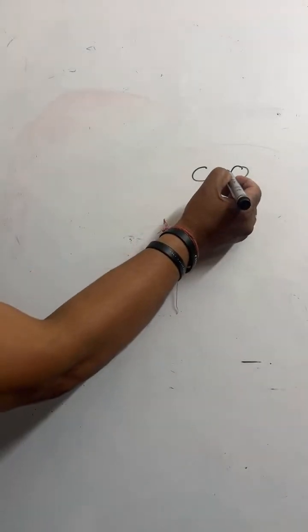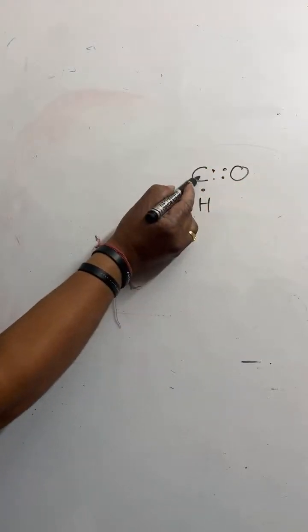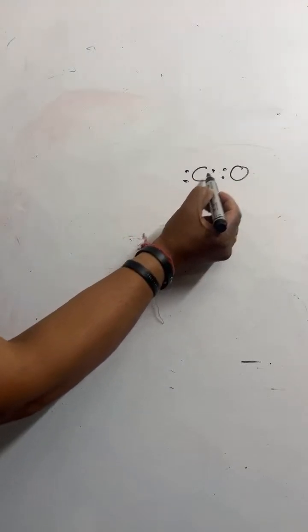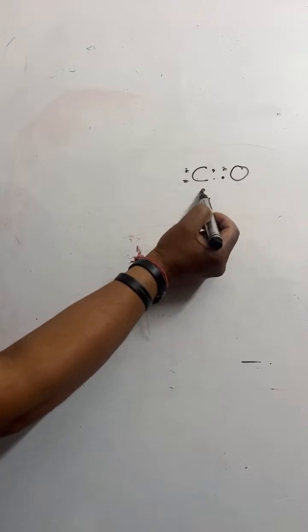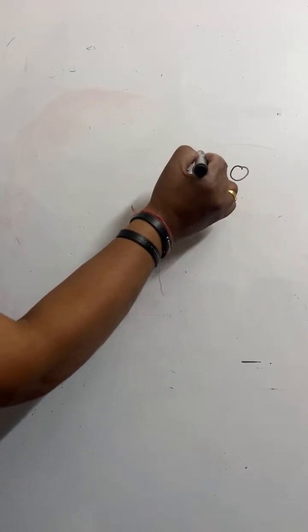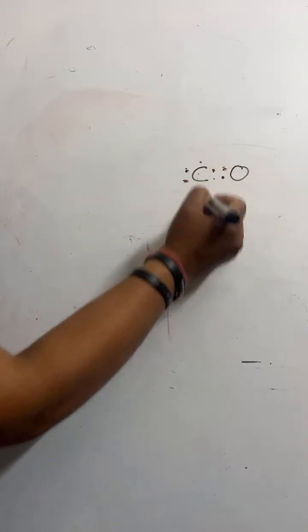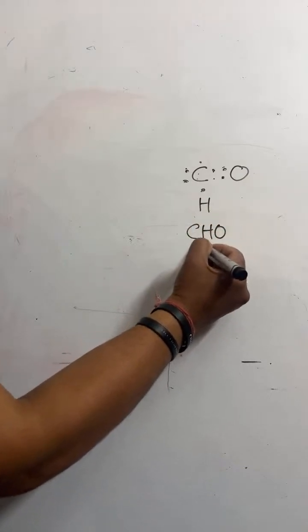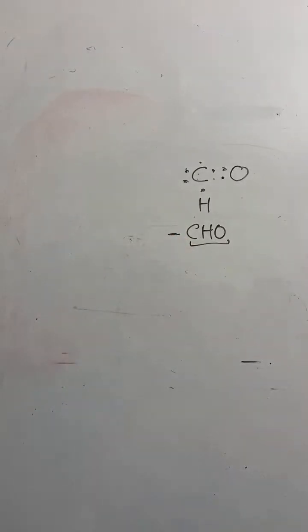But how? 2 electrons are shared with it and 1 electron is shared with it. But already you know, carbon was having 4. So this carbon is having 1, 2, 3, 4, 5, 6, 7. One more electron is needed. That's why this CHO will make one group. This is called CHO, but one electron is left.